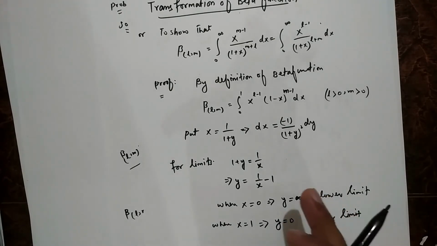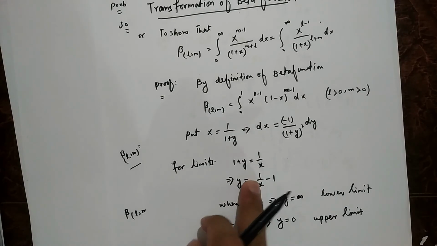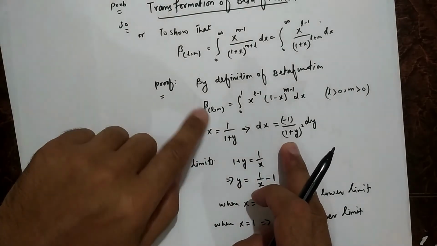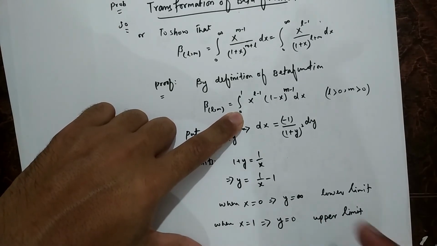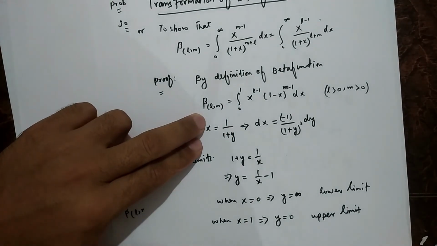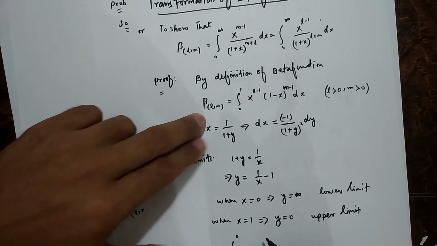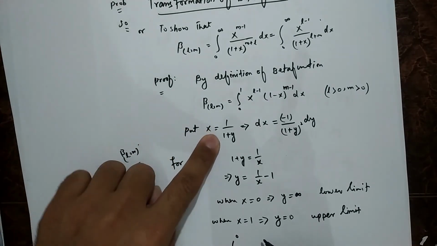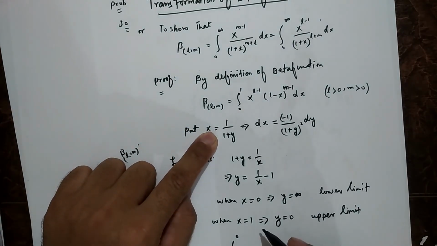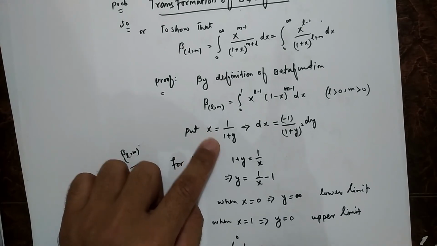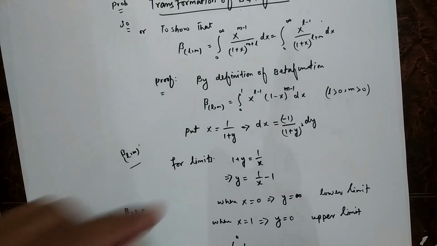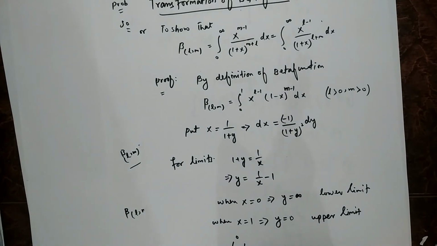So now if we are making this substitution in this integral, we have to use these limits. Therefore beta lm can be written as integral from infinity to 0, and x will be written as 1 upon 1 plus y whole to the power l minus 1.